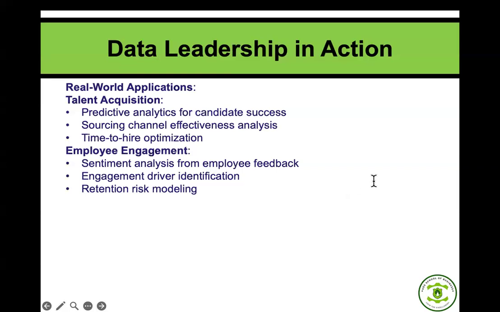Employee engagement, we can use sentiment analysis on employee feedback so that we can identify the key drivers of engagement in our specific organization, right? Employee feedback, how are they giving you the feedback? Some are so emotional that even when they want to communicate the feedback, they see it in a negative light.